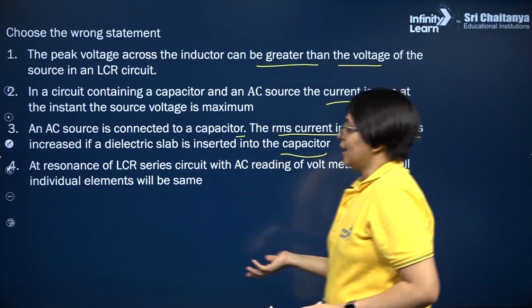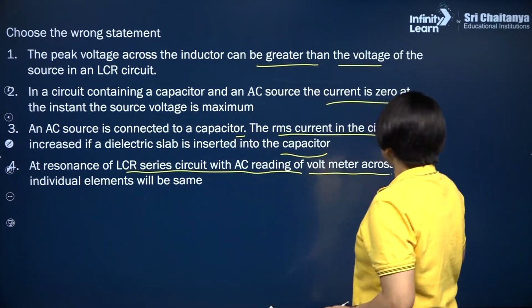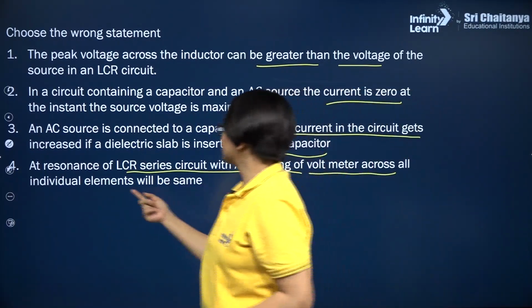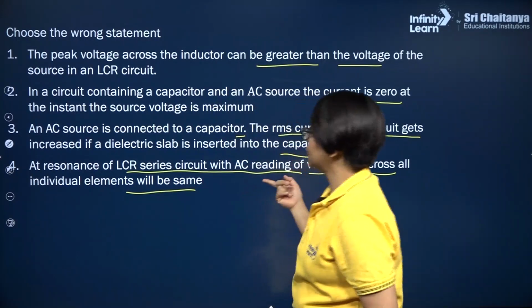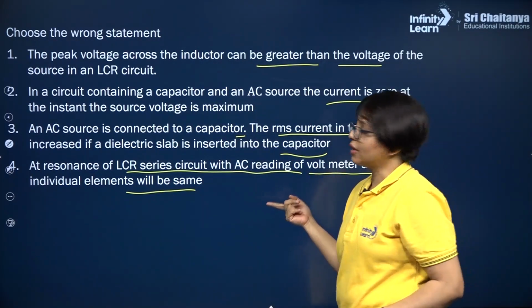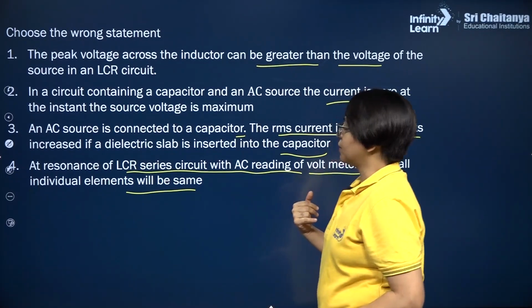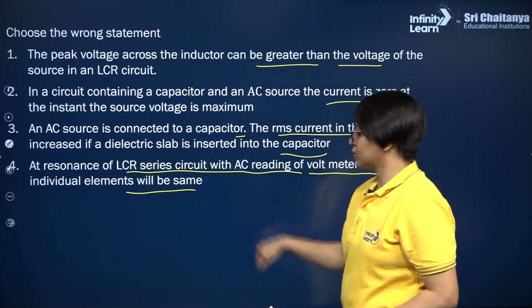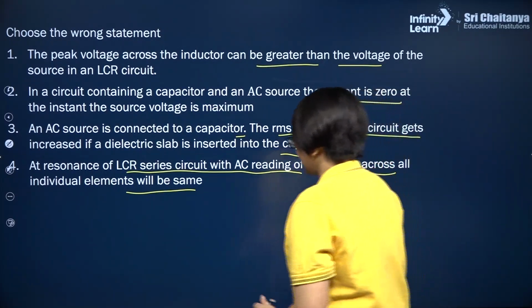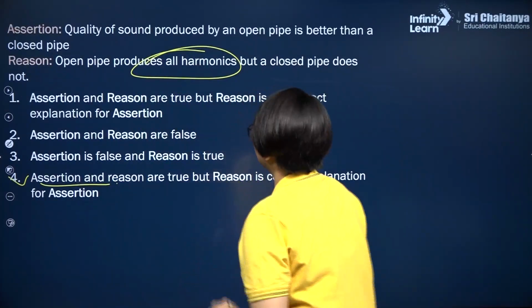Yeah. At resonance of LCR series circuit with AC, reading of voltage meter across all individual elements will be same. No. At resonance, we have VL equals VC, right, and VL minus VC is 0, and the total potential difference is seen across the resistance over here. So correct answer is option 4.